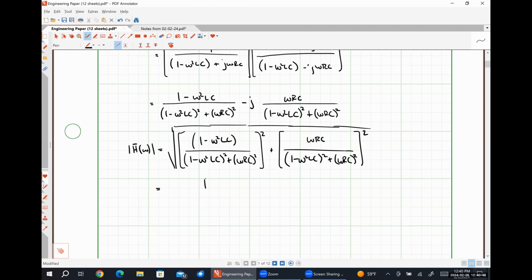So this winds up just looking like 1 over the square root of 1 minus omega squared LC plus omega RC. Both of these are squared and both of them are under the square root sign.